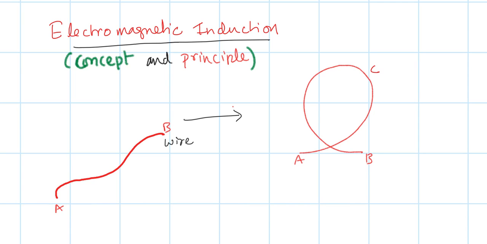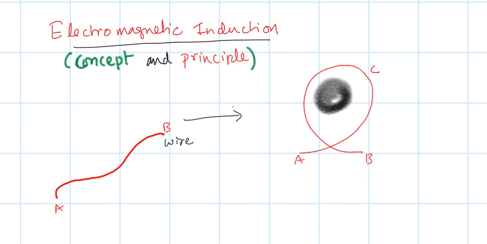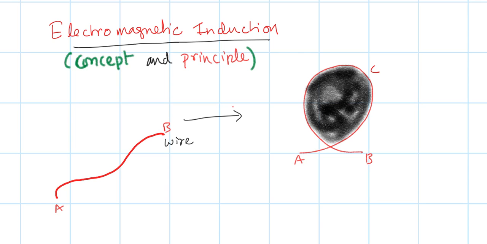This is the coil C, and this much is, once again, let me just use a different pen, yeah, this is the area enclosed by the coil. We need to know the flux associated with this coil. Now you know how to evaluate flux associated with a region.